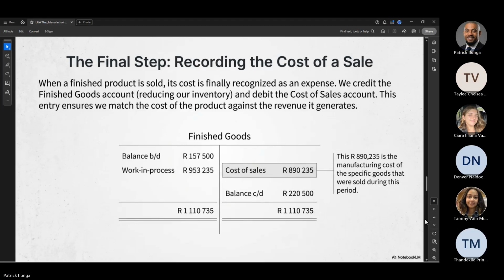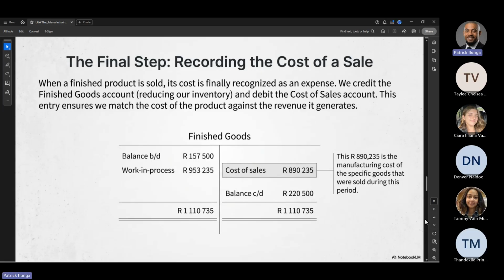You need to look at the cost of sales, which is on your income statement, and at the inventory, which is on your balance sheet, under current assets. Very important.